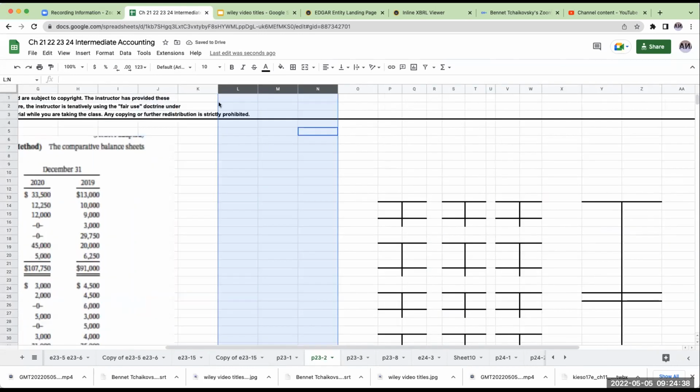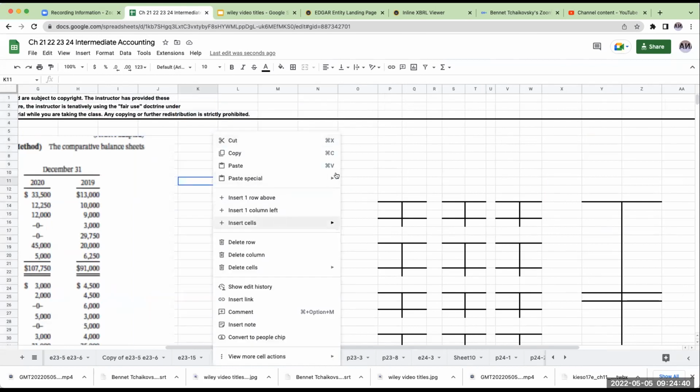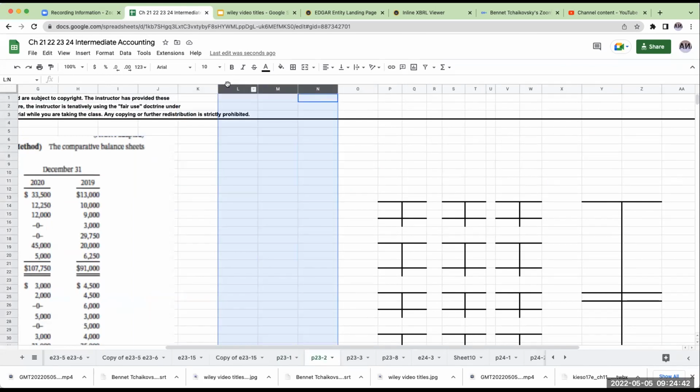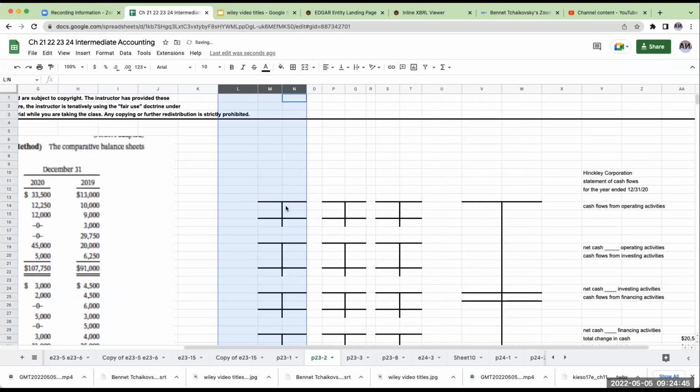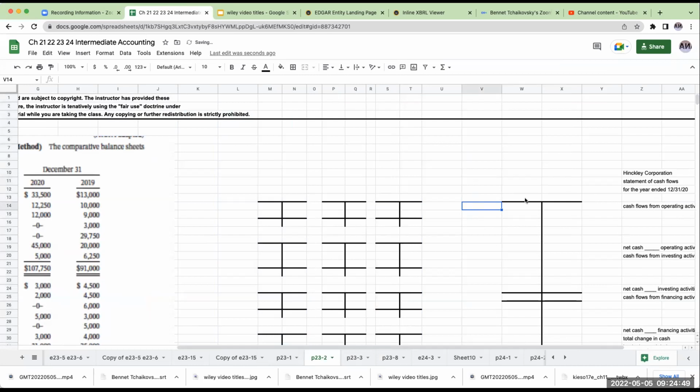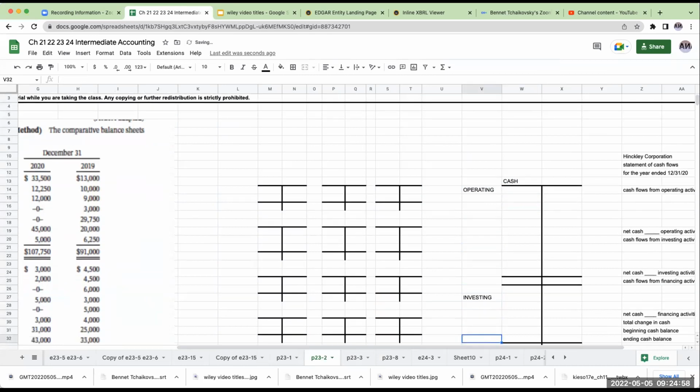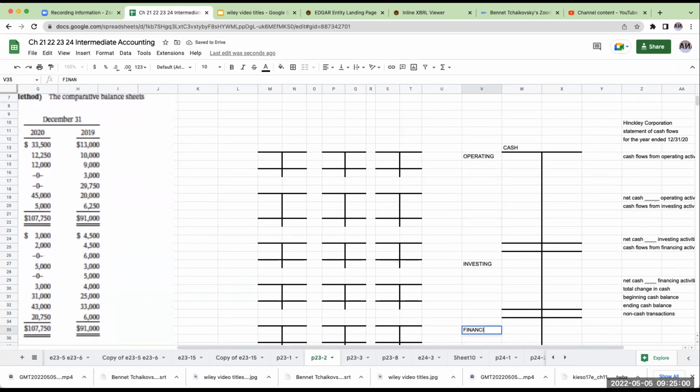Our next step in doing a statement of cash flows question is to make up the various different T accounts. Our first T account we're going to create is going to be cash, operating, investing, financing.